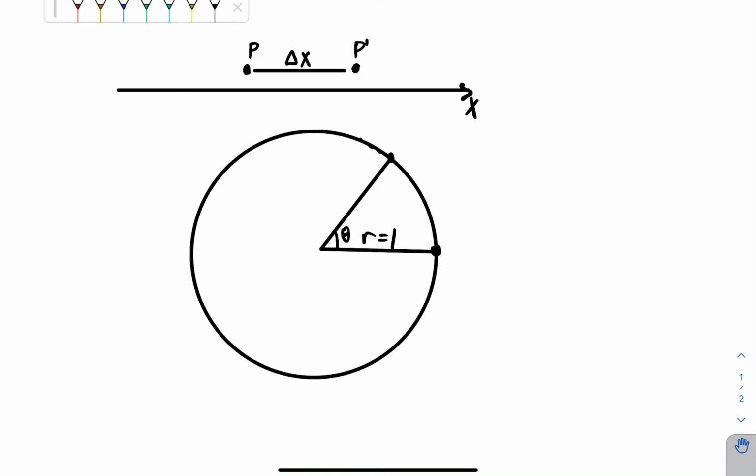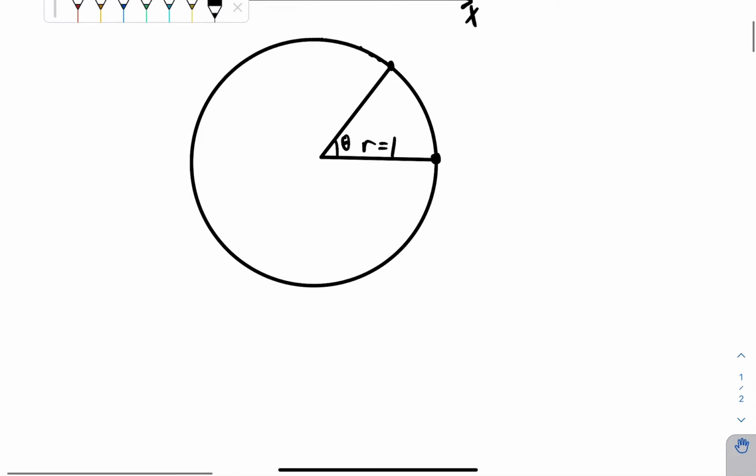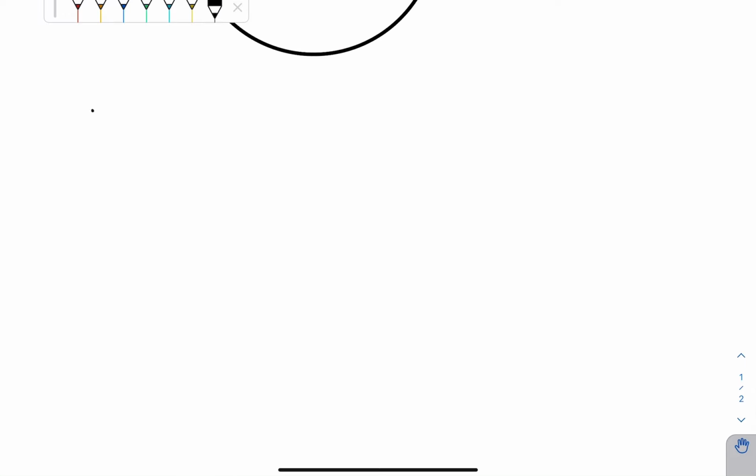So we can now derive all of the different quantities that we looked at back in one-dimensional mechanics. We'll start by looking at average angular velocity. We call average angular velocity omega bar, and this is equal to the change in theta over the change in time.